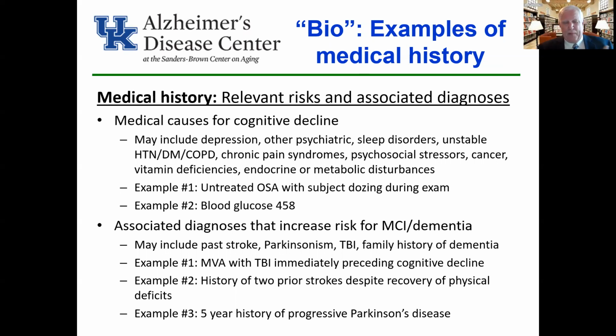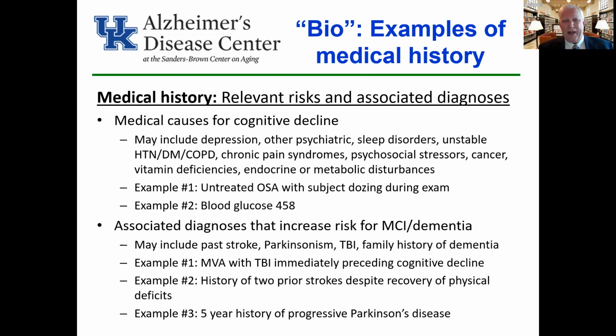Two examples here might be someone with untreated obstructive sleep apnea who is dozing on and off during their cognitive testing. That might be a medical reason for why the neuropsychologist marks impairment in their cognitive scales. We might see a subject with abnormal lab values suggesting underlying metabolic dysfunction that could interfere with cognitive test performance, such as a subject who comes in and on the day of testing has a blood glucose of 458.